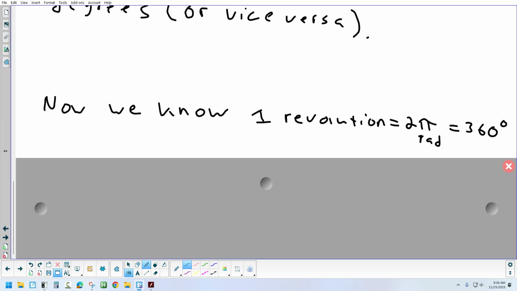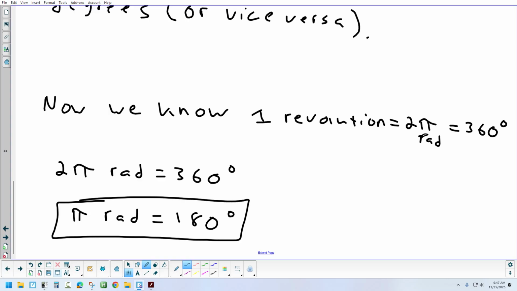So 1 full revolution on a circle, we already knew it was 360 degrees, but what we know now is it's 2 pi radians. Well, if 1 revolution is 2 pi radians, then we can reduce that and say that half of a revolution is pi radians, just a reduced version of that.